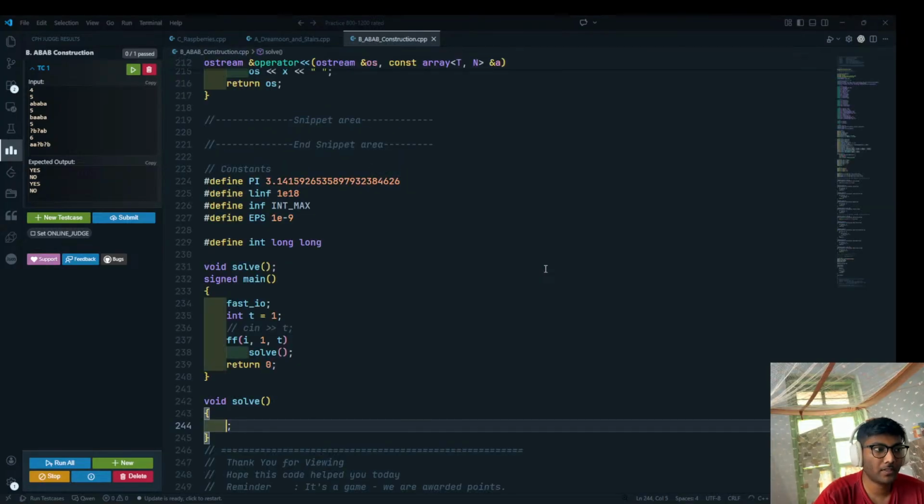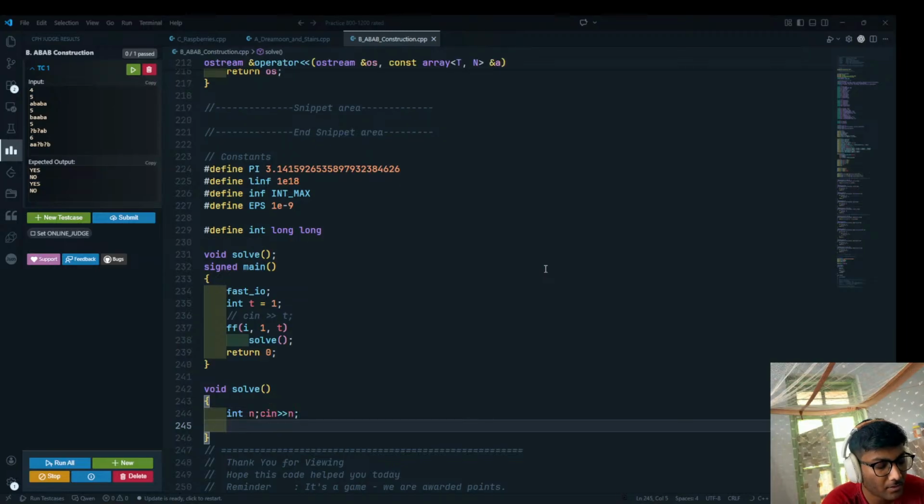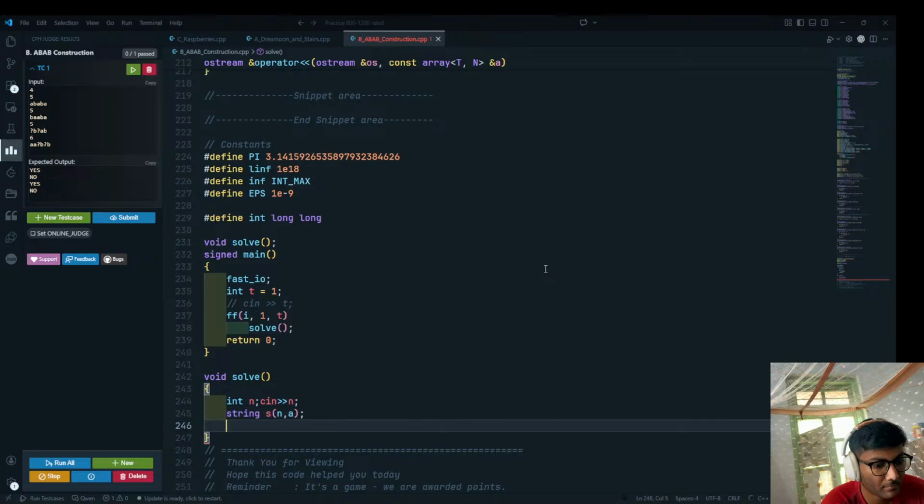So let's take S of size n. So if I1, I think we can start from, let's do n plus 1 only.